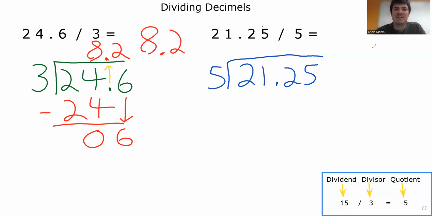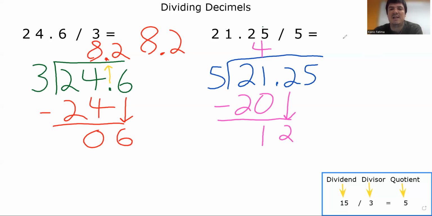So, looking at the first number, 5 goes into 2 0 times, so I go over. 5 goes into 21 4 times. 5 times 4 is 20. 21 minus 20 is 1. Bring down the 2. Again, notice I don't do anything with the decimal. I just leave it there.